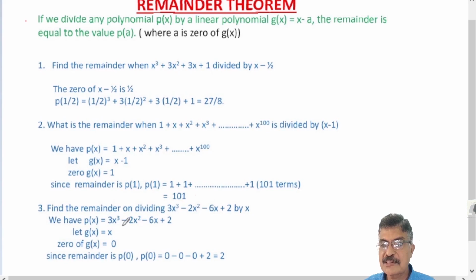While we substitute x with 0, we will get the answer. And what's the zero of a constant polynomial? If p(x) or q(x) is equal to 6, what's the zero of the constant polynomial? No, there is no zero for a constant polynomial. Sometimes it may be asked in MCQs. There is no zero for a constant polynomial.